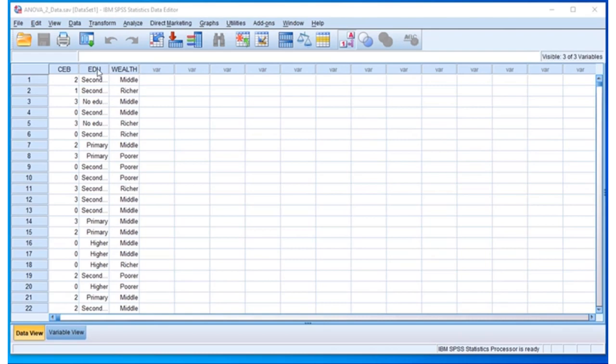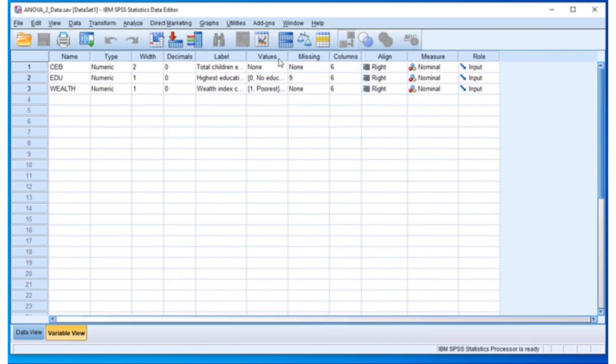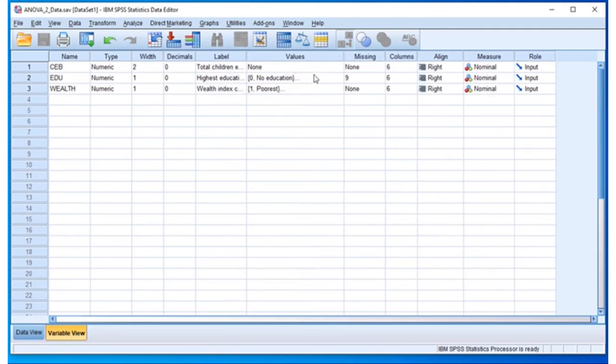The second variable is education, highest education, which has been coded as secondary, no education, primary, higher education, and so on. The third variable, that is the second factor, is the wealth index, which has been measured in terms of coded values, that is middle, rich, poor, poorest, and others. You can see here that there are continuous variables as well as coded variables.